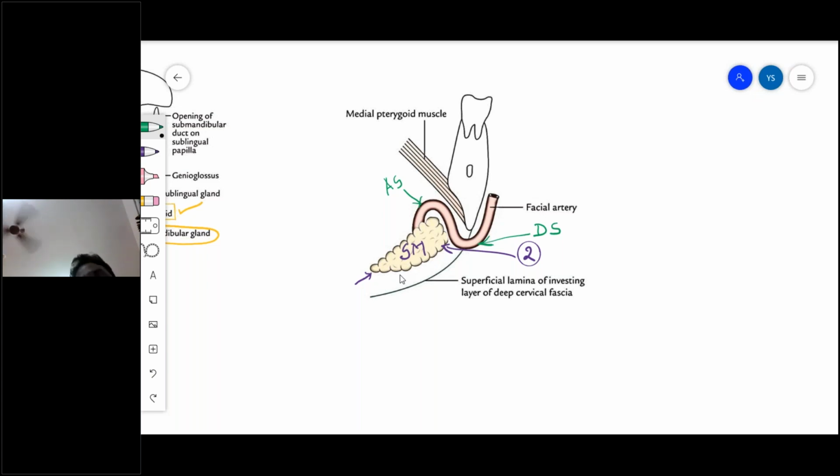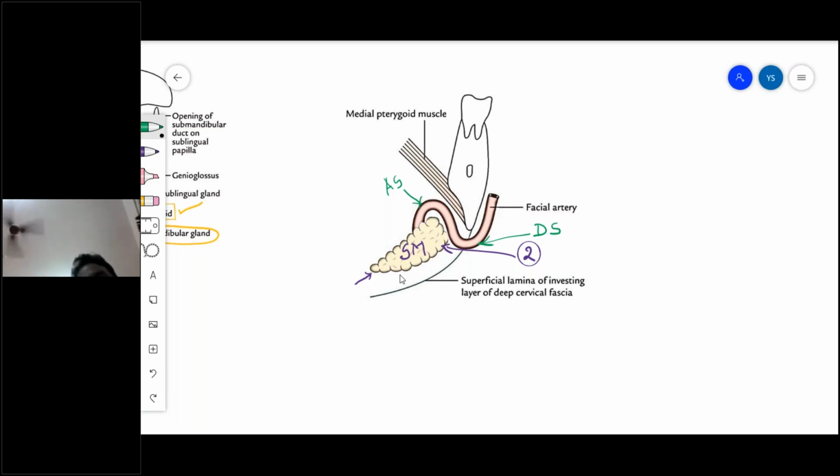And the second one, DS, is the descending loop of the facial artery. Ascending loop of the facial artery. Second one, descending loop of the facial artery. What I'm telling is that the posterior end is grooved by the ascending loop of the facial artery. Got my point?